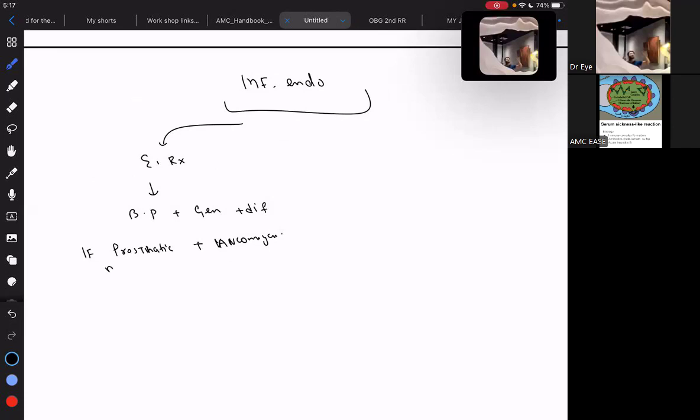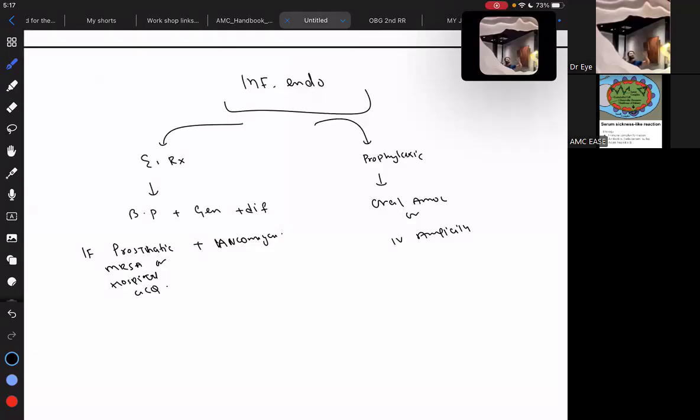Or if it is MRSA or hospital acquired infective endocarditis. For the prophylaxis, it is oral amoxicillin, given 30 minutes before, or IV ampicillin. IV ampicillin, please remember that. And that's it for the meningitis part also.